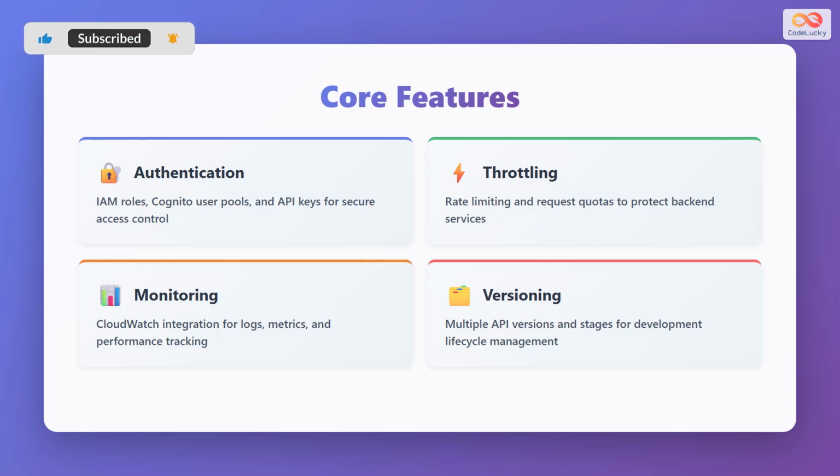The monitoring feature integrates seamlessly with CloudWatch, providing comprehensive logs, metrics, and performance tracking for your APIs. Versioning support allows you to manage multiple API versions and deployment stages, making it easy to handle development, testing, and production environments separately. These features work together to provide enterprise-grade API management capabilities.